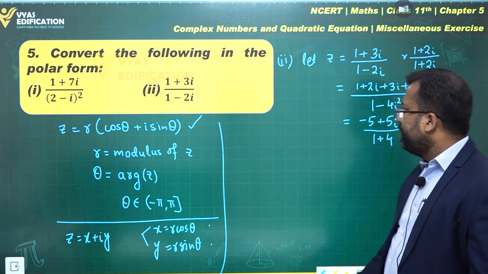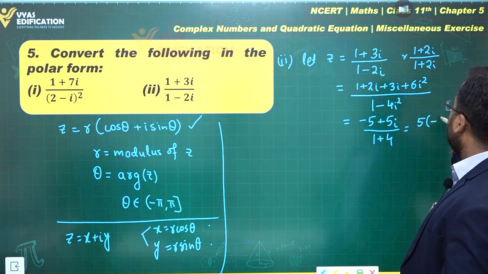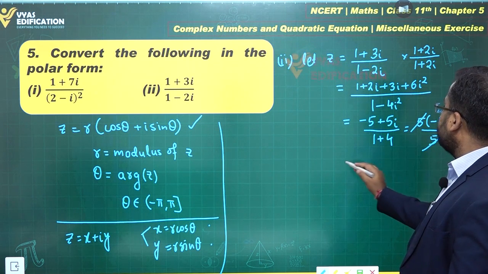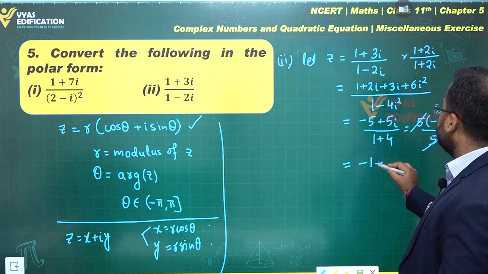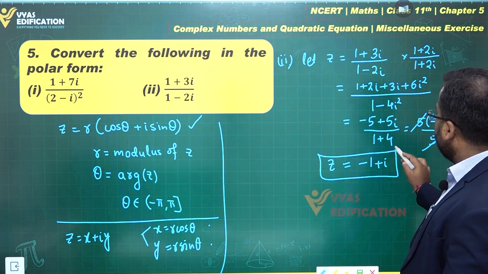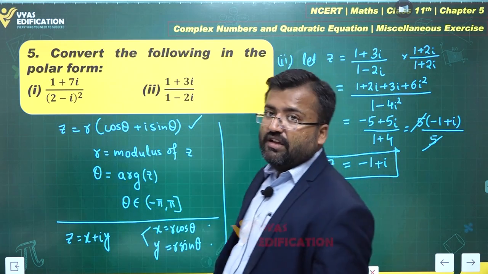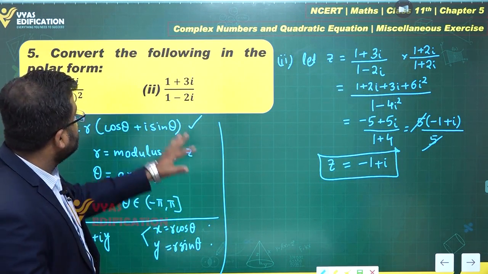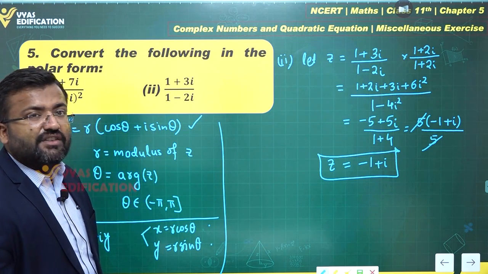Let's take a 5 common from here, minus 1 plus i over 5, and on cancelling these I get minus 1 plus i. Oh wow! The z that we obtained in the first part and the z in the second part are exactly the same. They've just been written differently.